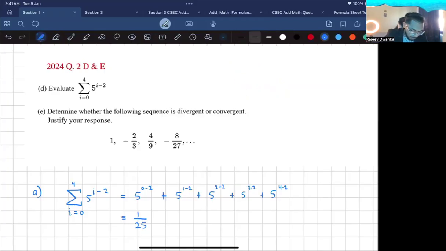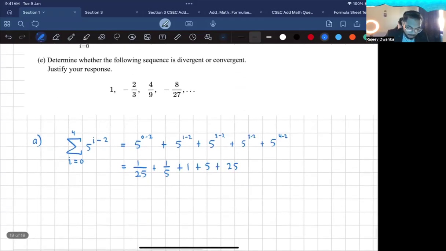The other one will be 1 over 5, because 5 to the power minus 1 is 1 over 5. Then 5 to the power 2 minus 2 is 0, and 5 to the power 0 is 1. Then they will have 5, and then 25.